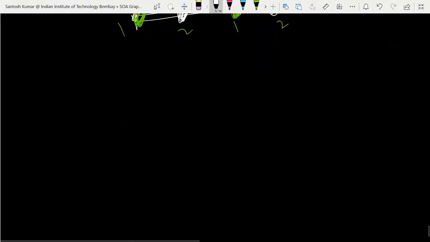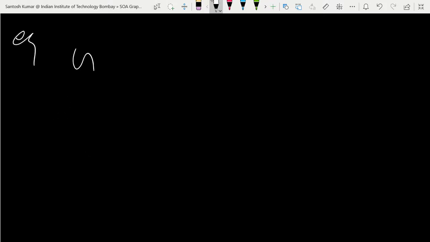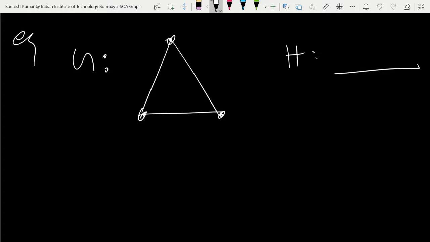Okay. So now let's change the example a little bit. So now let's take G as this one, K3, and H as, you can take any one, okay, like this, P3.